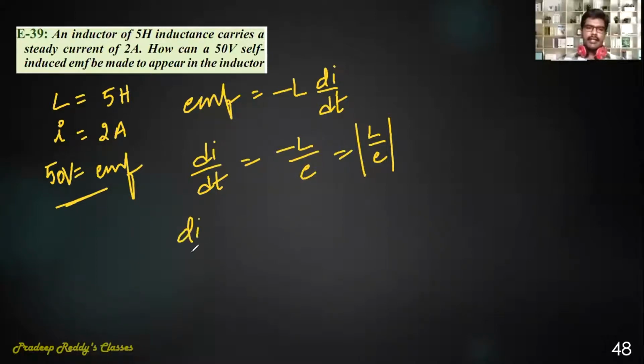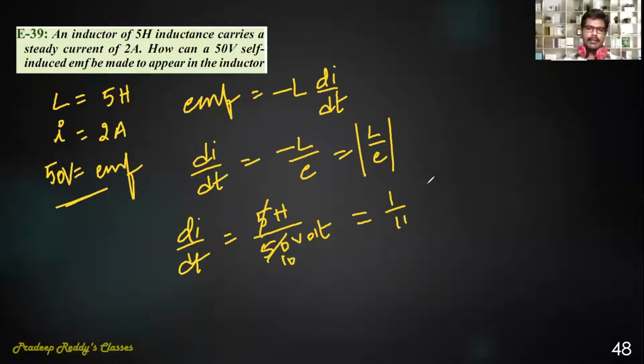So I can write di by dt is equal to, what is L? L is 5 Henry, and EMF induced is equal to 50 volt, and this can be written as 1 by 10 Henry per volt.